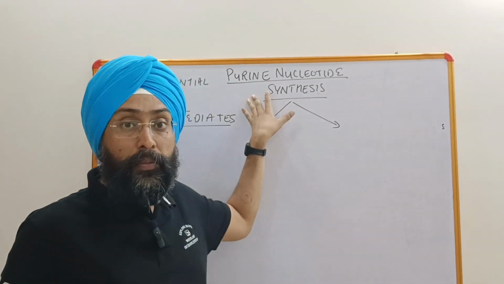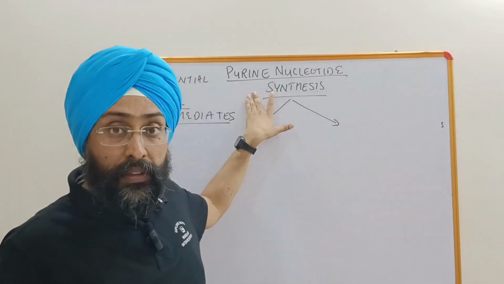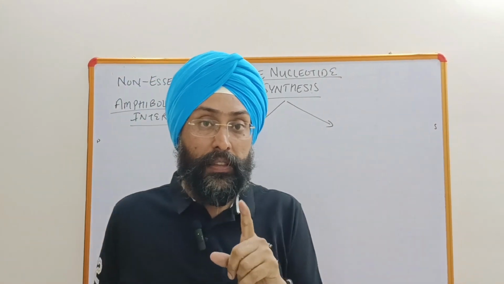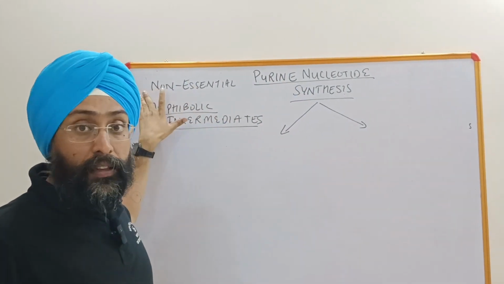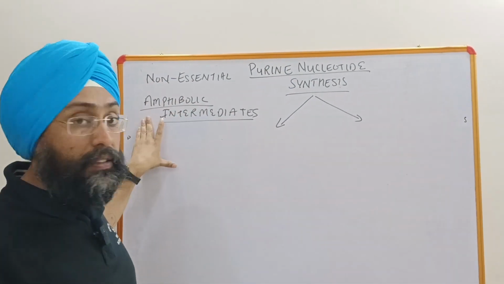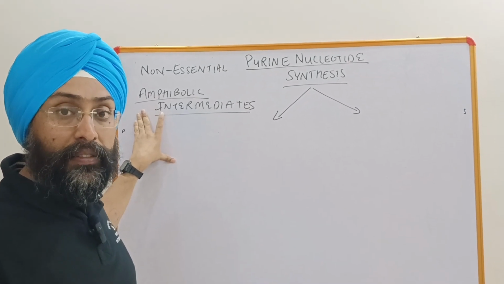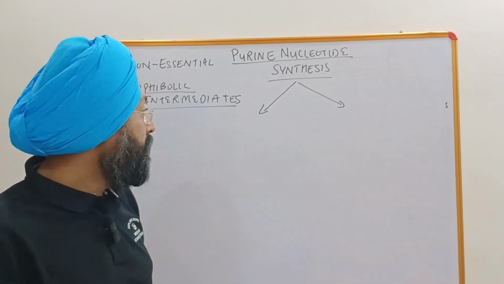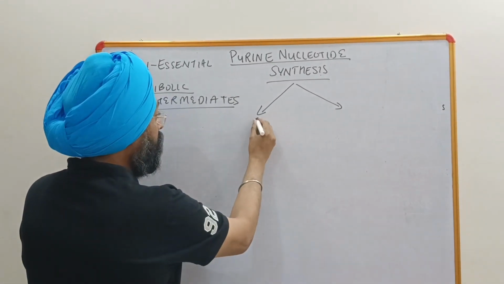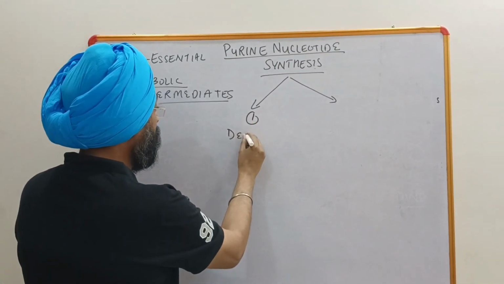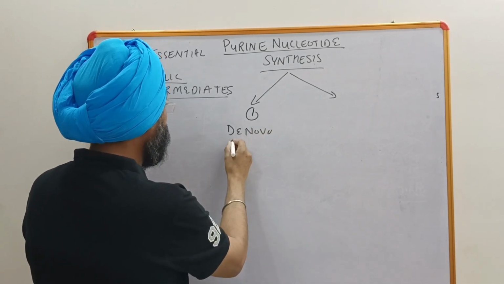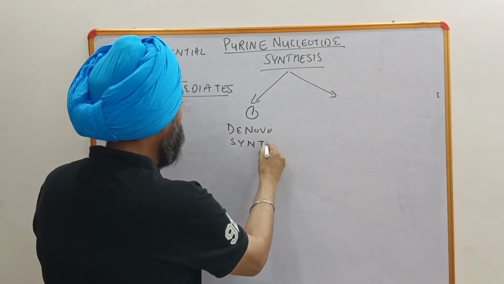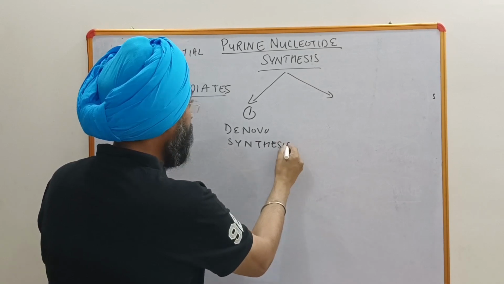So now we will start with purine nucleotide synthesis proper. First of all, purines are dietary, they are non-essential, and they can be synthesized from amphibolic intermediates, right? So in purine nucleotide synthesis, there are two major pathways. First is de novo synthesis, right?